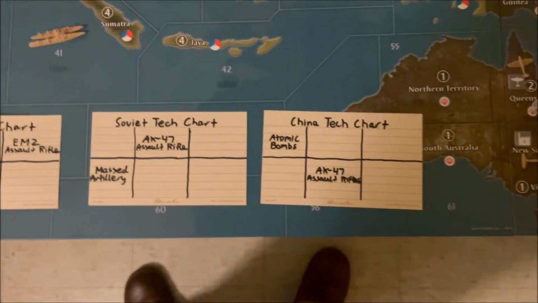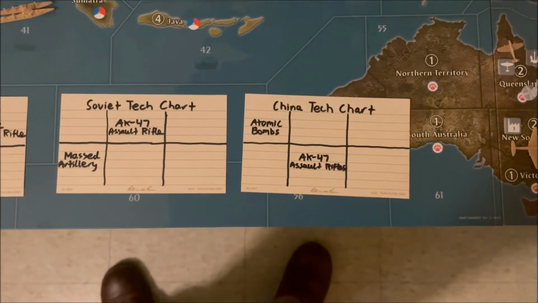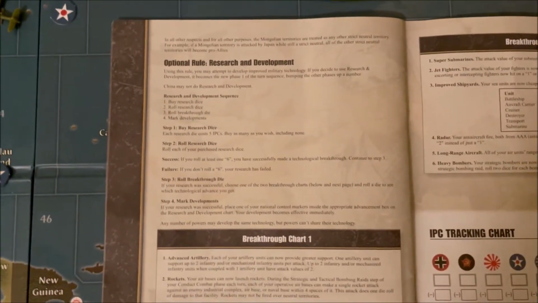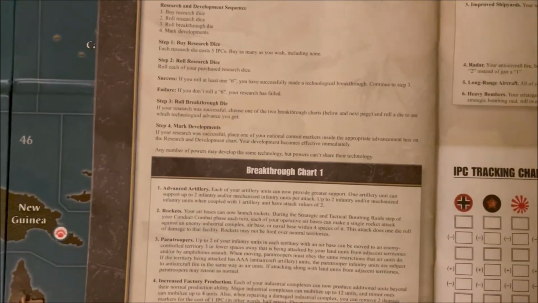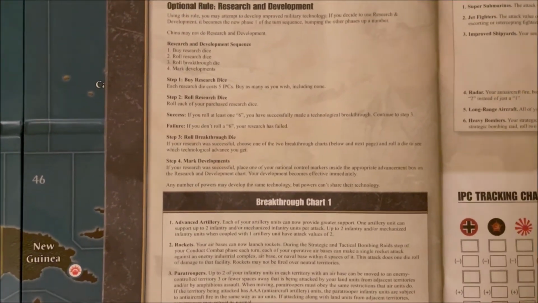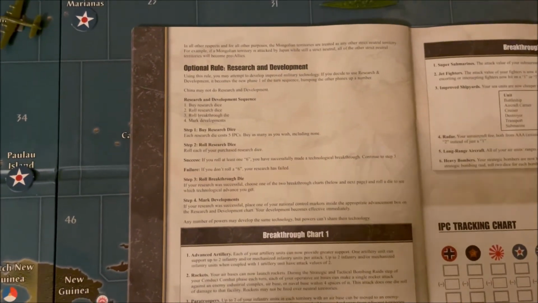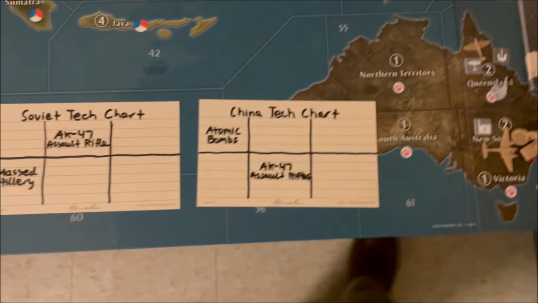This one we decided to make a little bit more tricky, because obviously the research follows the same exact rules as 1940. You spend 5 to buy as many dice as you can to research. If you're successful, you get to choose what chart you want to go from, and then you roll to see what you unlock.